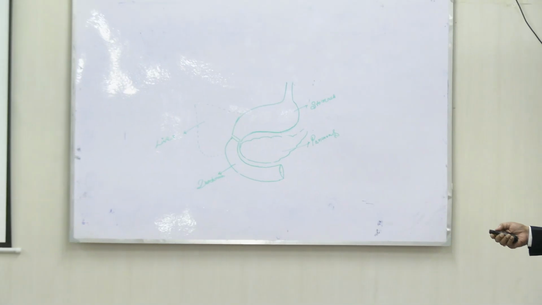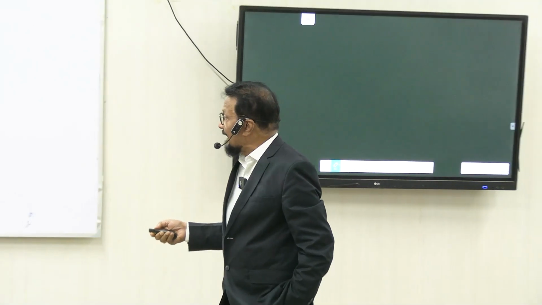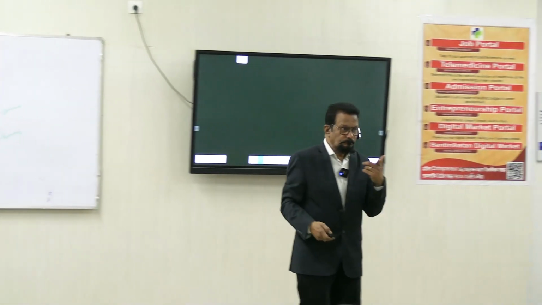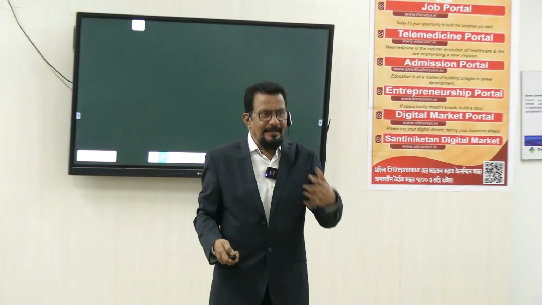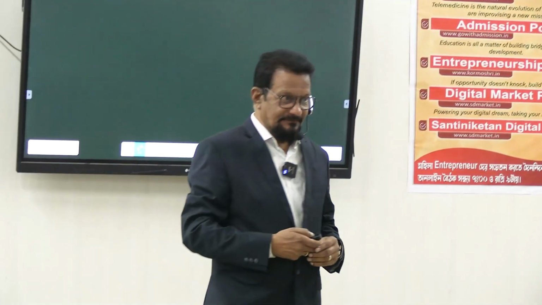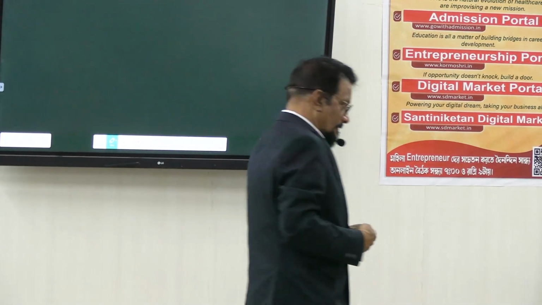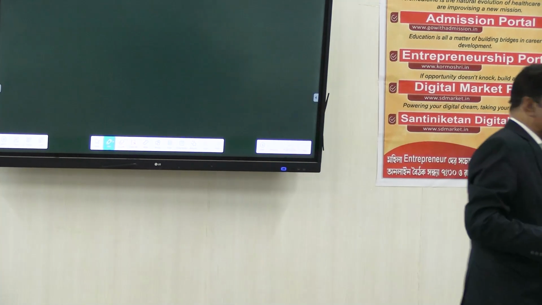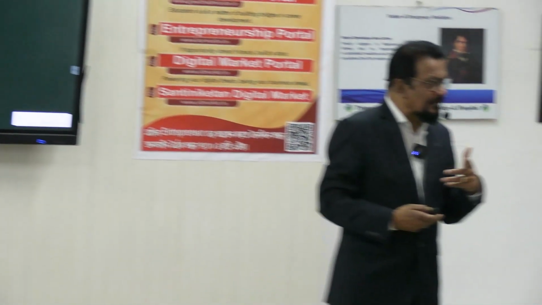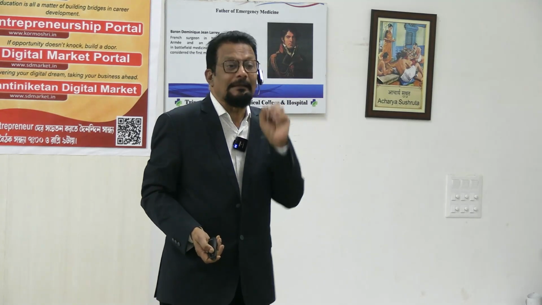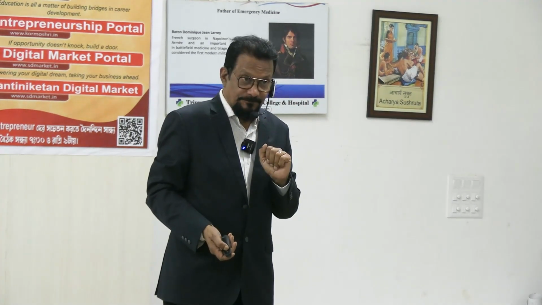These cells, as I said, the duct cells as well as the acinar cells, are innervated by sympathetic as well as parasympathetic nerves. Parasympathetic nerve endings will produce acetylcholine. So they will initiate secretion, and this secretion will be enzyme rich.